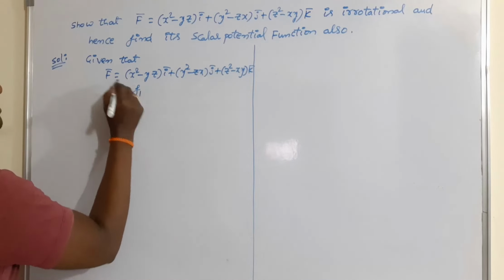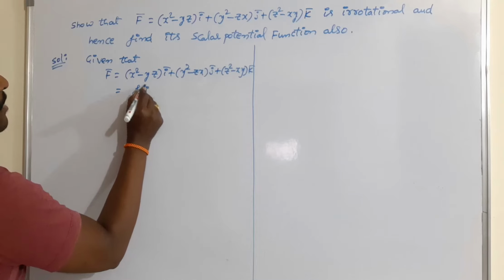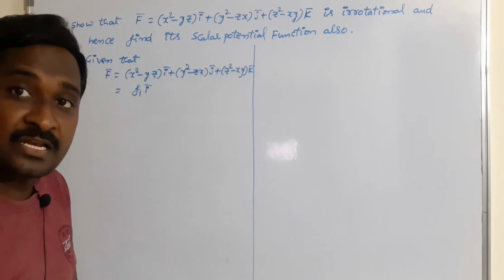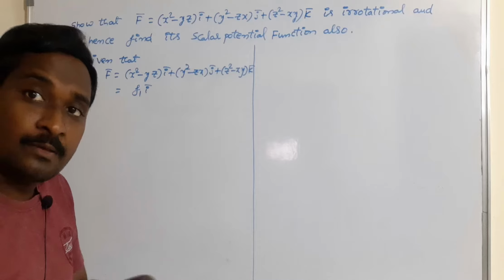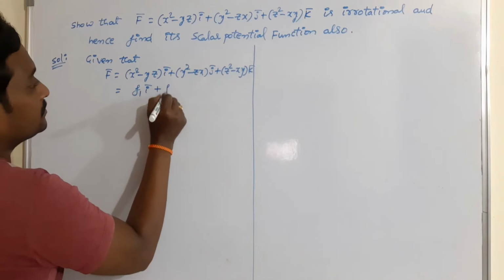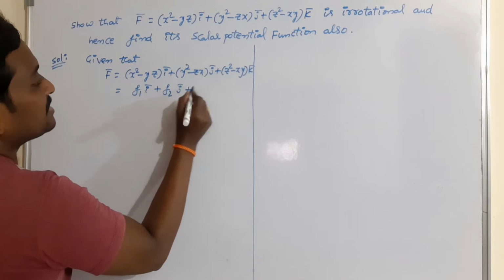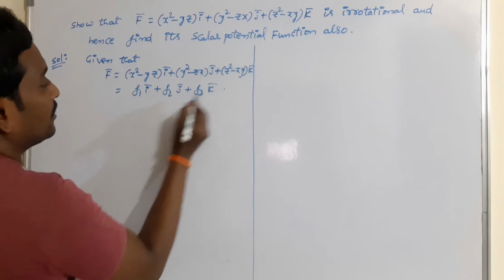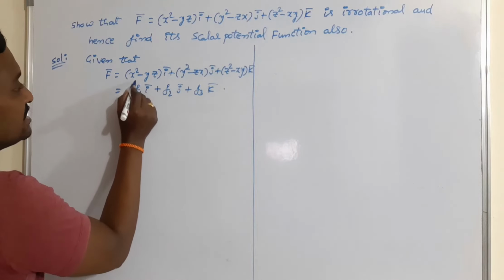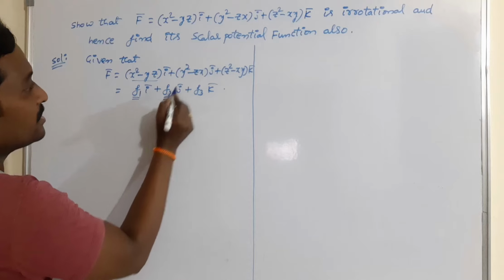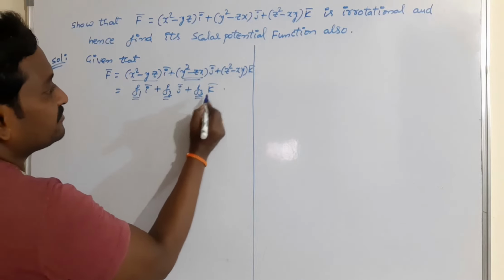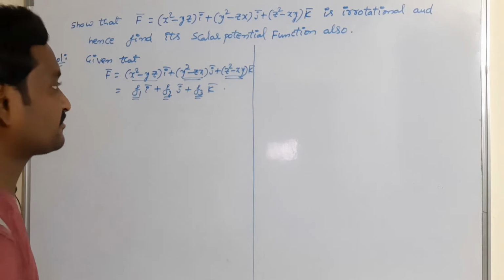You can compare this given vector point function with the general form. What is the general form of a vector point function? f1 i bar plus f2 j bar plus f3 k bar. So components are f1 is equal to x square minus yz, f2 is equal to y square minus zx, and f3 is nothing but z square minus xy.